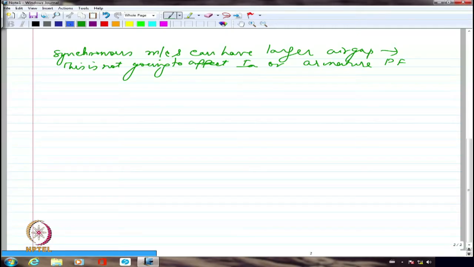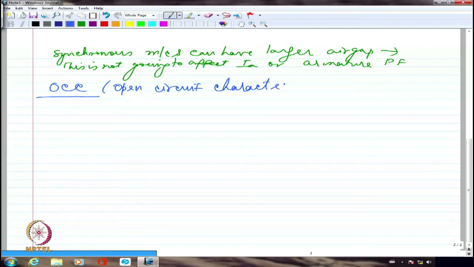So let us try to take a look at OCC once again. So in OCC, that is the open circuit characteristics or magnetization characteristics, what we talked about in the case of DC machine.